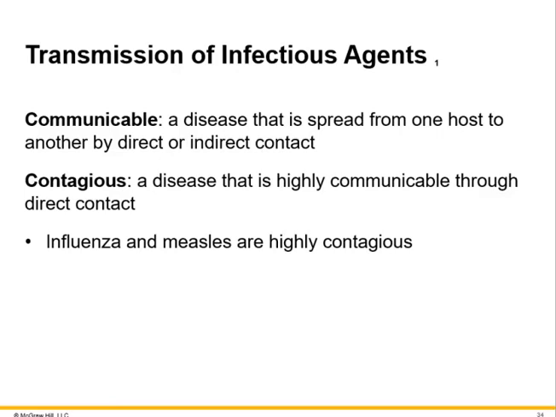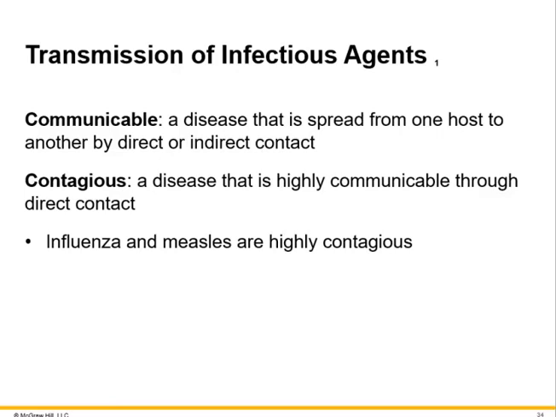Now, if a communicable disease is contagious, then it is spread through direct contact. Right, so it's highly communicable. So it's very easily spread from one individual to another, right?